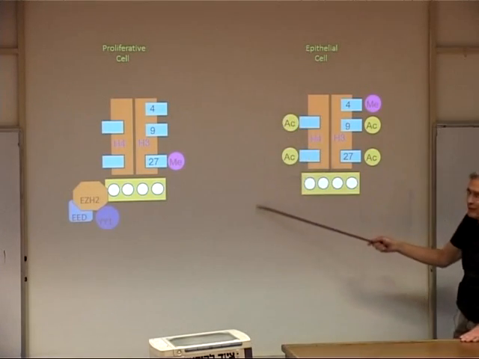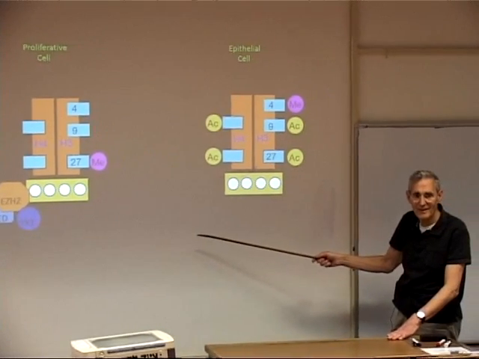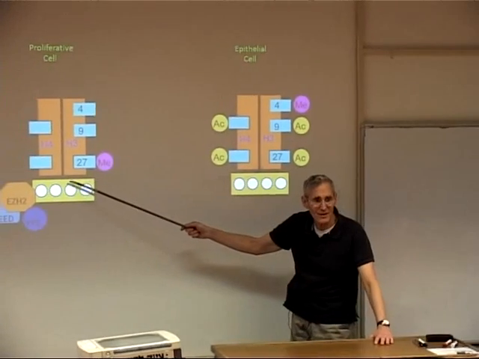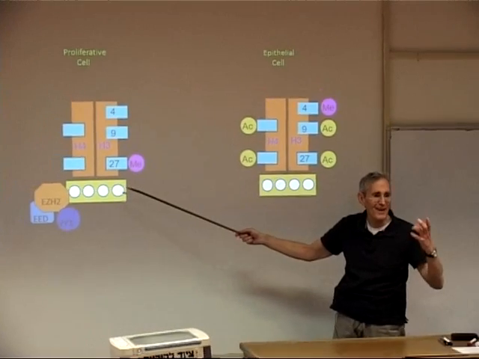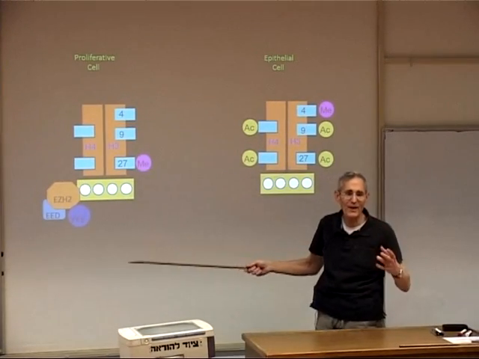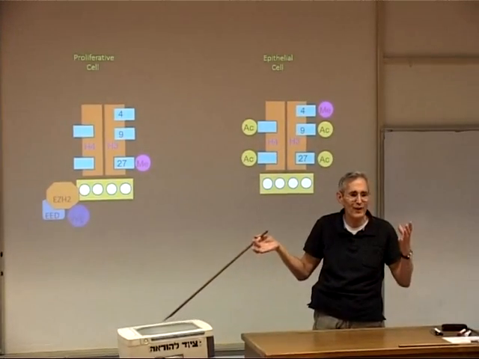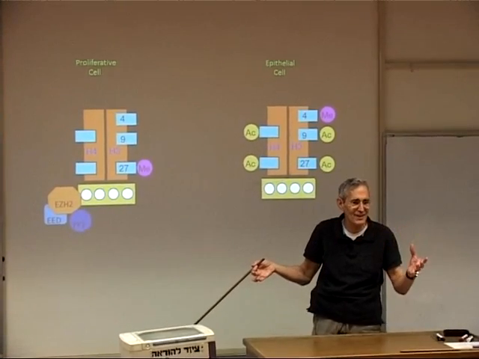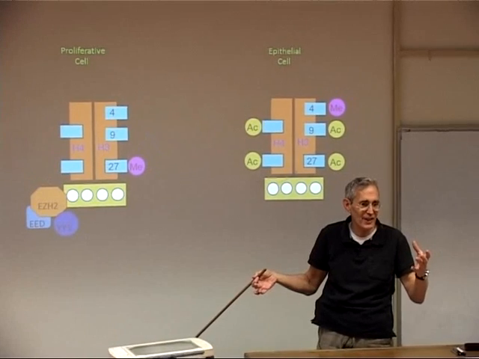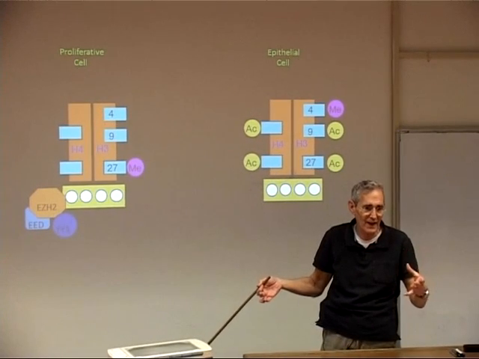At the time of differentiation, some of these genes, which are required for differentiation, remember, they're polycomb targets. Polycomb targets are the developmental and differentiation genes of the genome. All of the important genes involved in differentiation or development are polycomb targets.